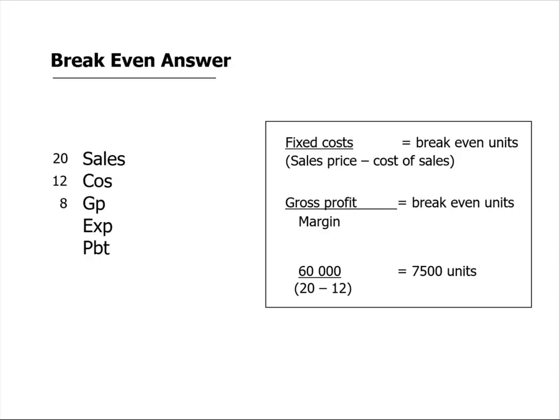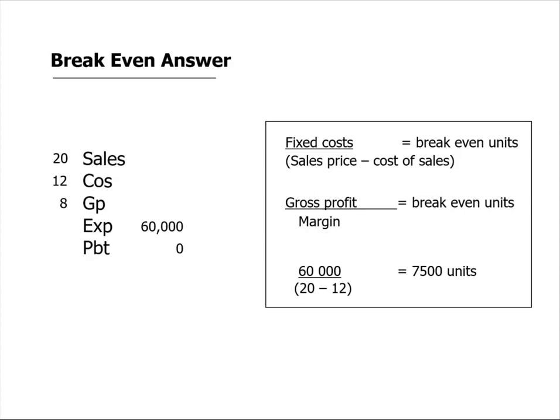On the right hand side, I'm going to include another piece of information that was given to us as part of the data, and that is that the fixed expenses were 60,000. They're saying to us calculate the break-even volume and the break-even sales. So therefore I can put 0 in at the profit before tax, because that is what break-even is.